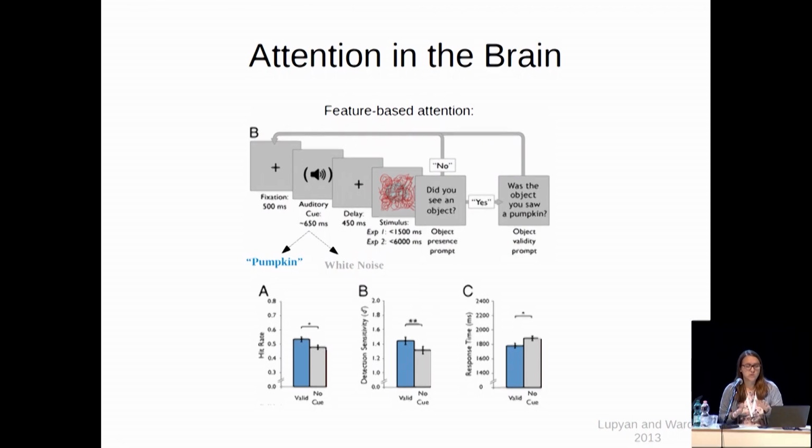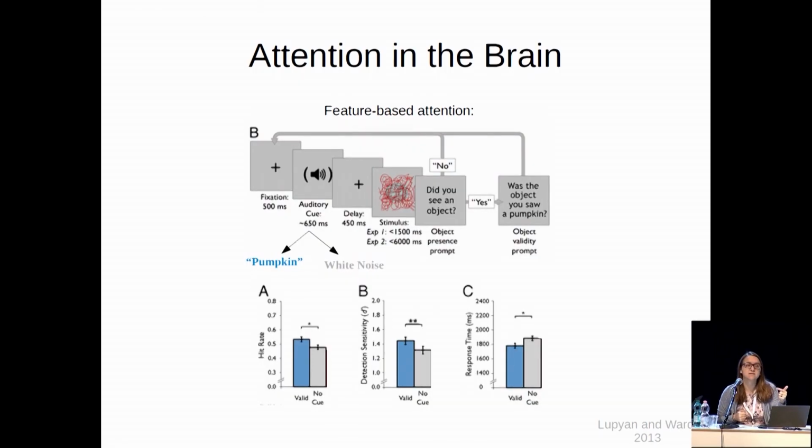They might just hear a white noise stimulus. Then they are shown an image that's flashed briefly before their eyes, and it's also a very noisy image. You can see it's got all these squiggles, but underneath it there actually is a drawing of a pumpkin. And then at the end, they'll be asked some sort of question about what they saw.